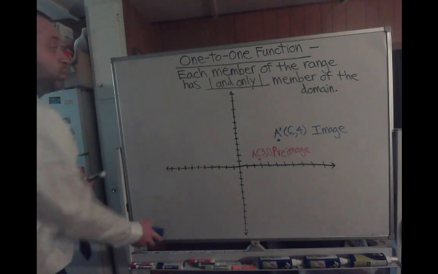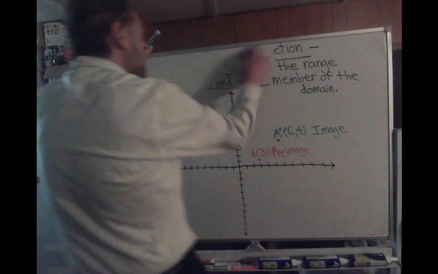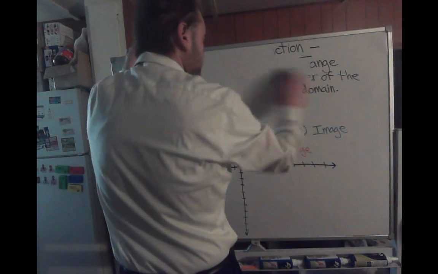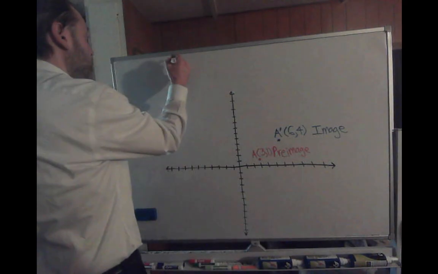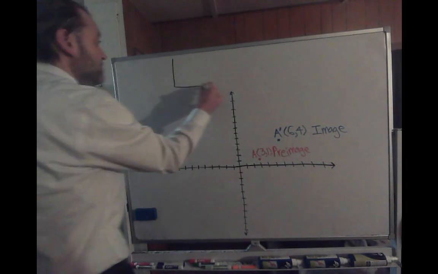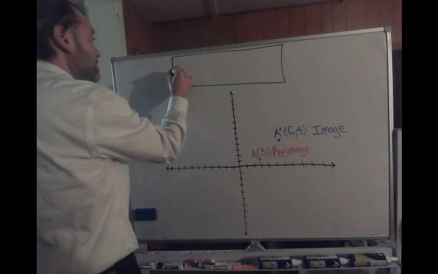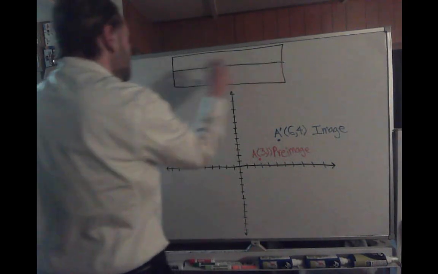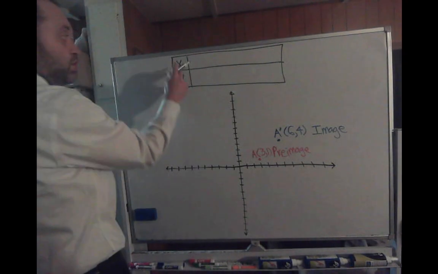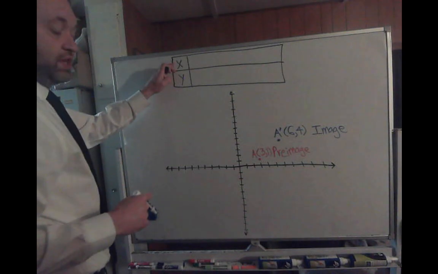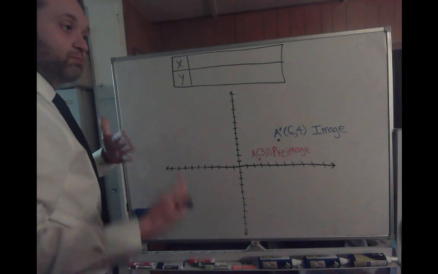So that's a one-to-one function, and we're going to do some exercises real quick to determine if a function is one-to-one. So let me make a table of values here real quick, okay? Of course, you'll have your x and your y values. X is usually your domain or your independent variable. It's what you put in.